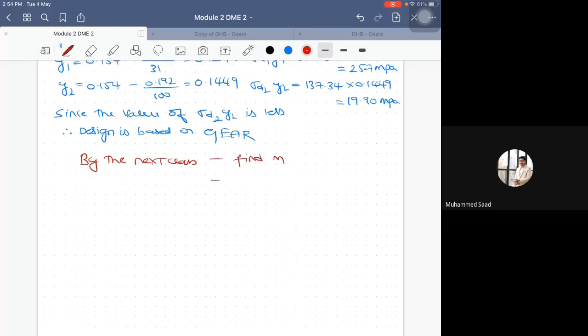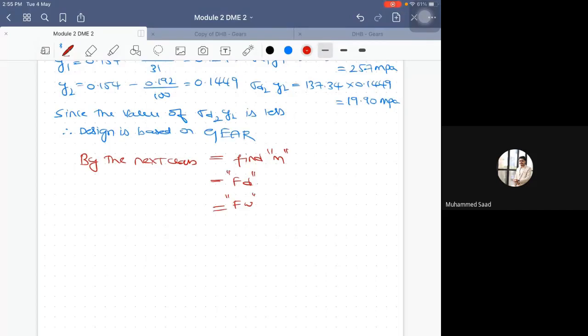Once your module is found, next you have to calculate the value of FD, and calculate the value of FW. We will let you know what to be done and how to check whether it is safe or not. So you have to find the value of module, calculate FD and FW by the next class.